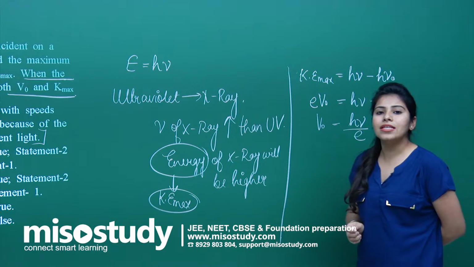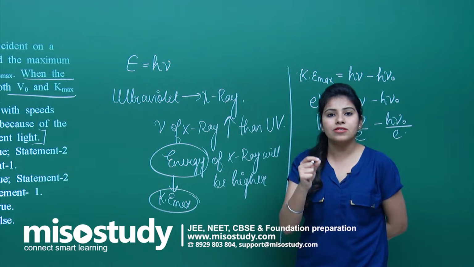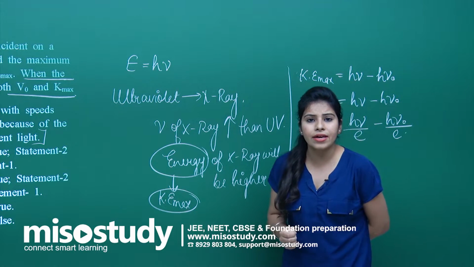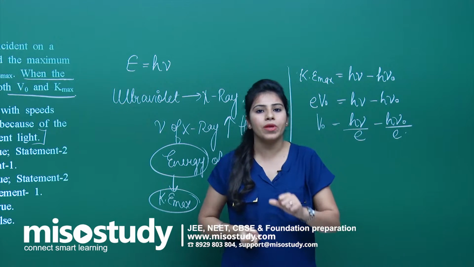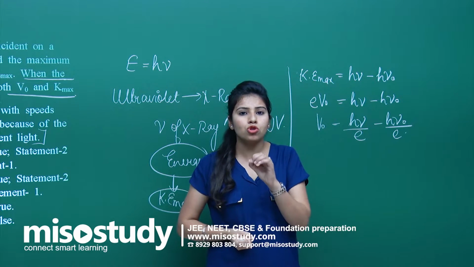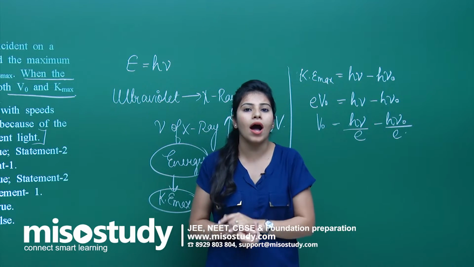And then because the photon is getting emitted at a higher rate, you need to apply more energy to stop them. So that means your stopping potential would also be high.